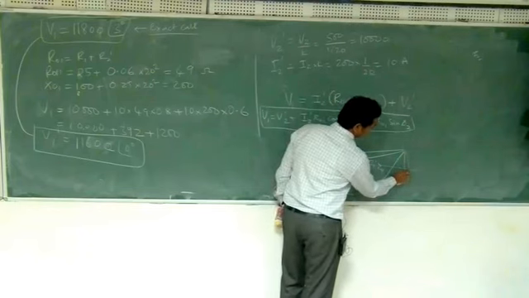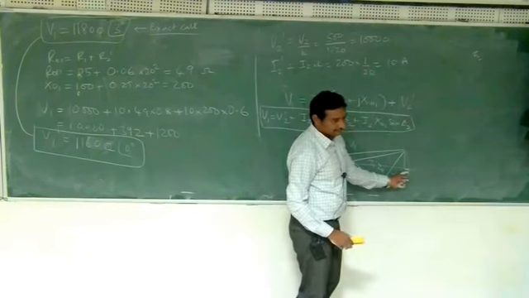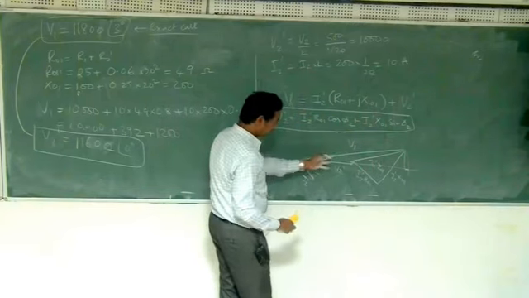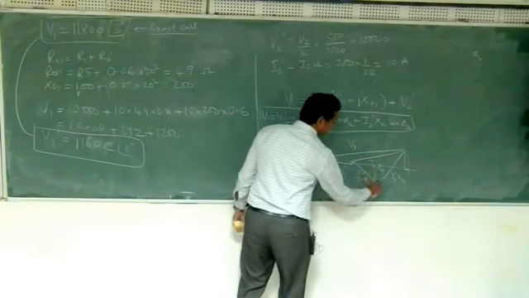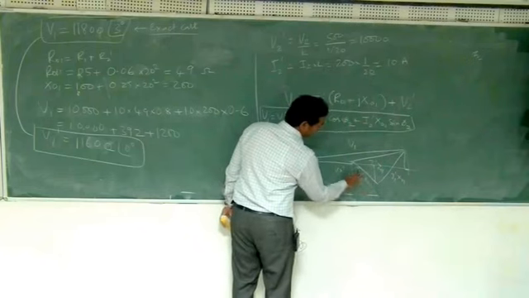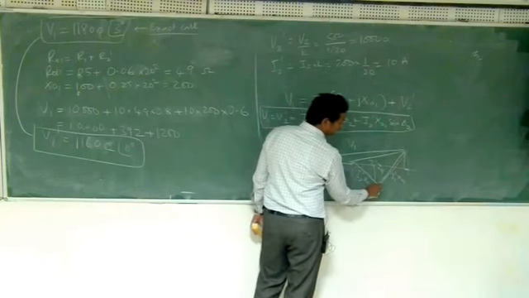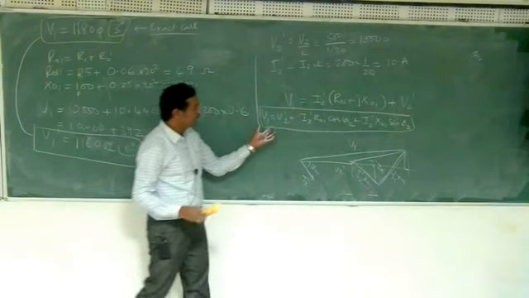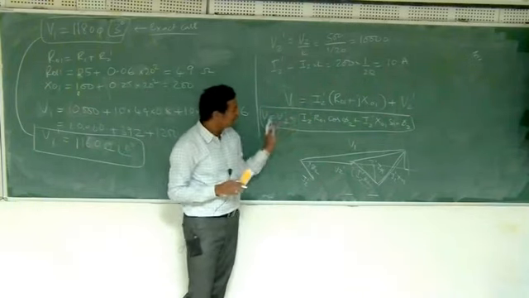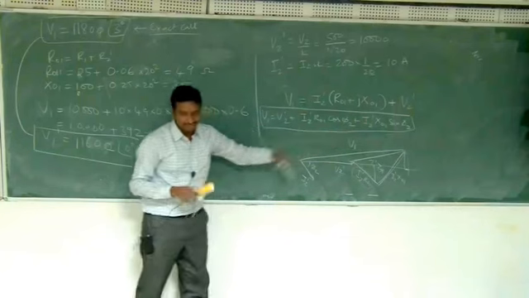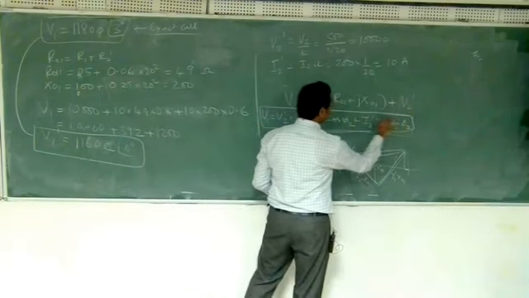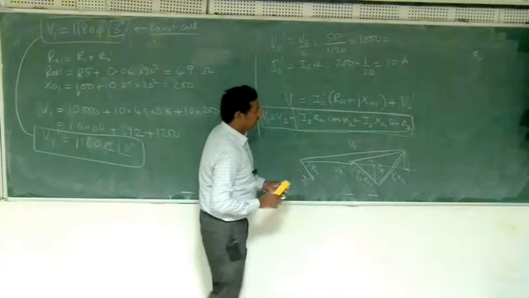Just worrying about this length, you can actually do this. So this part will be this into cos and this into sine. It's easy to see if you have this picture in mind. It is easy to write this without remembering anything. So what is the voltage drop? This part is the voltage drop.